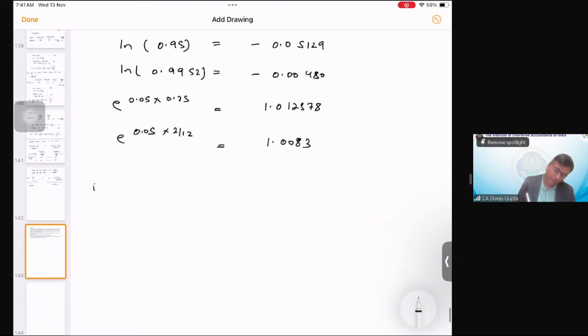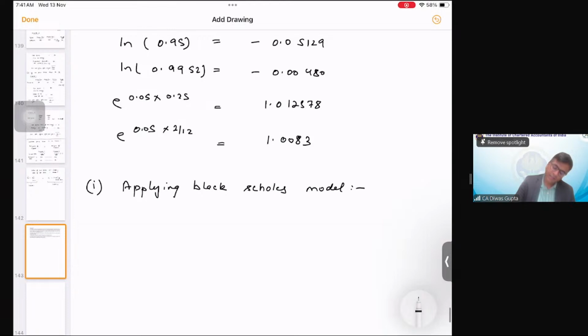So first of all, let's apply the Black-Scholes model. What is this?